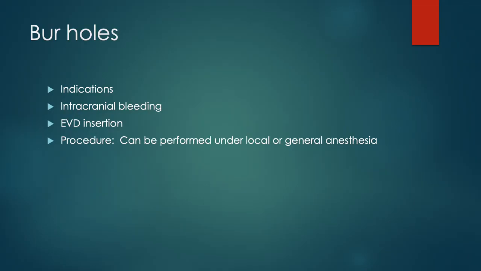However, if you can measure the intracranial pressure from it, and the pressures are higher than 20, then you can still use the external ventricular catheter to drain off some of the CSF to relieve the intracranial pressure.